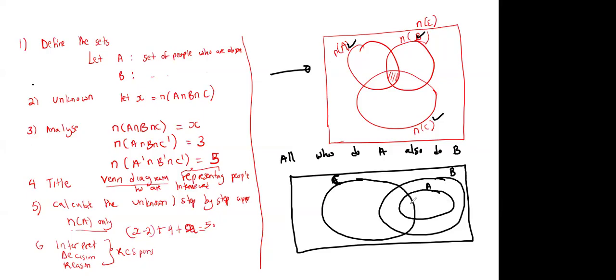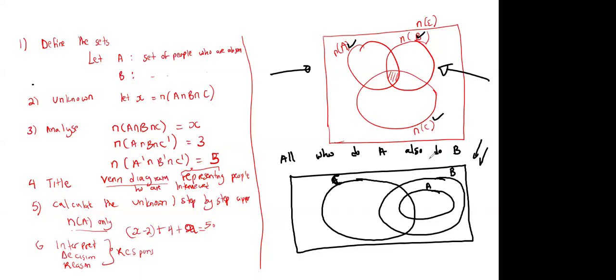So you need to first sit down and understand the question. Because when they tell you that all those who do A also do B, you may find that you need to do a Venn diagram in this nature. So do not cram that it is always supposed to be this. You need to first sit down and interpret it very well.